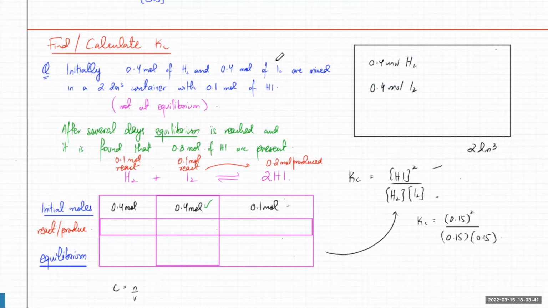They are mixed, and there is 0.1 moles of HI as well. That's part of it. अच्छा, HI भी बीच में ना मिक्स हुआ है.